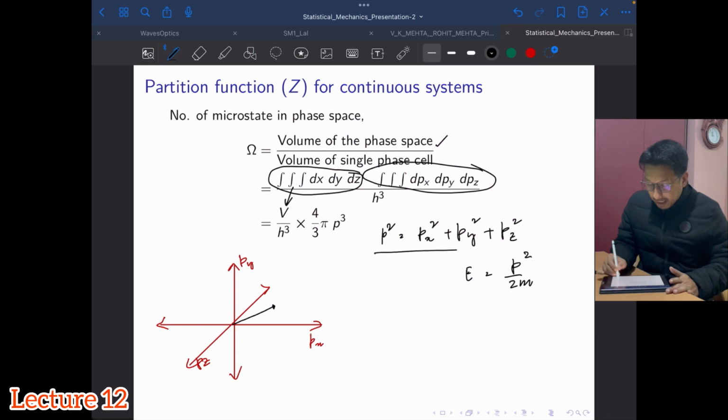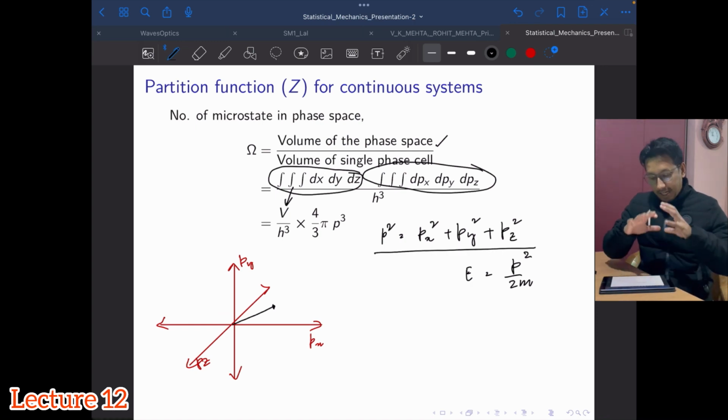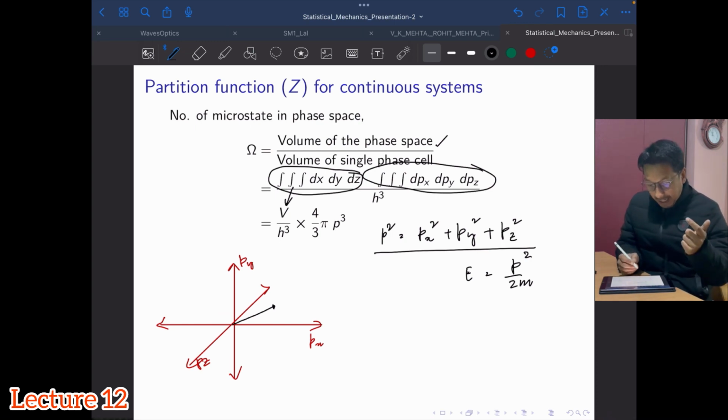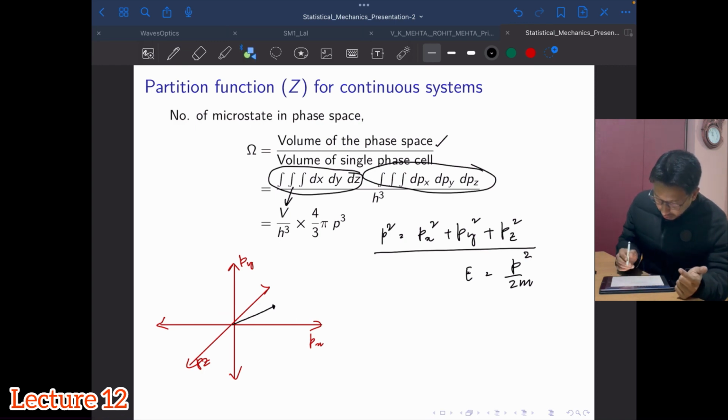This expression represents a sphere in a three-dimensional space, the momentum space, having radius p. So I can draw a sphere.